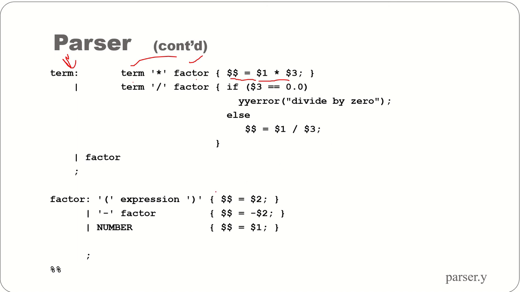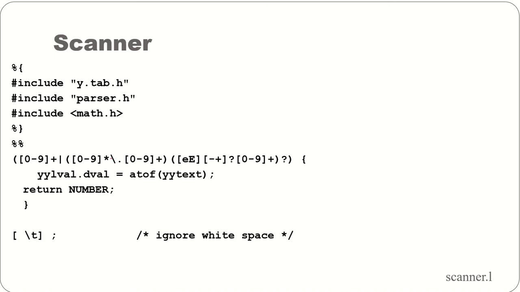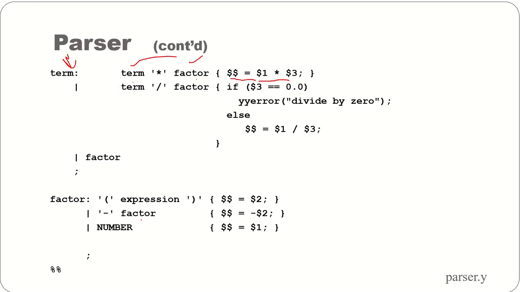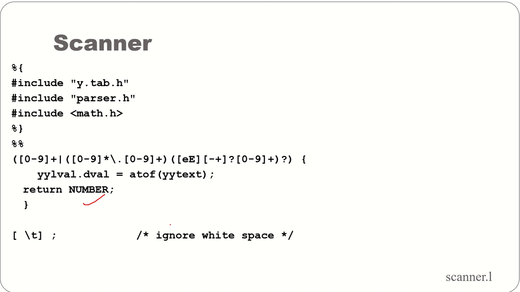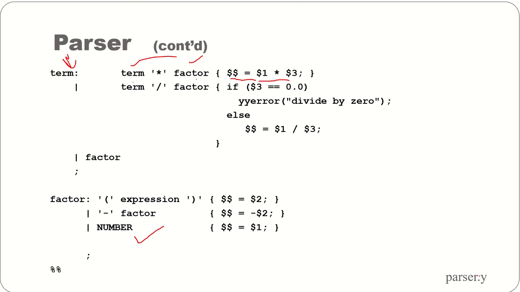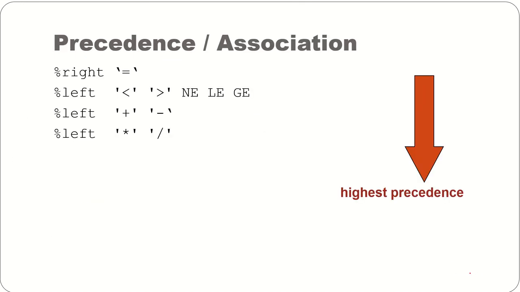For recognizing these tokens, the parser needs tokens from the lexical analyzer. So you need to design the lexical analyzer in this form. It is going to return number, since we have mentioned number here, and exactly in the same way we are giving number here. You can save this as scanner.l and you can save the other file as parser.y.